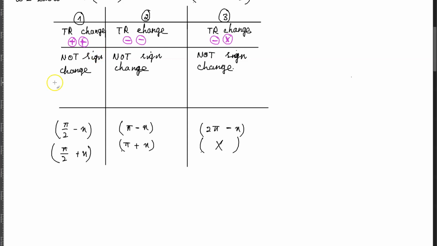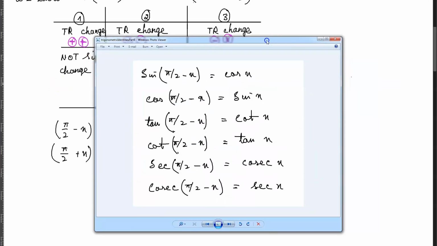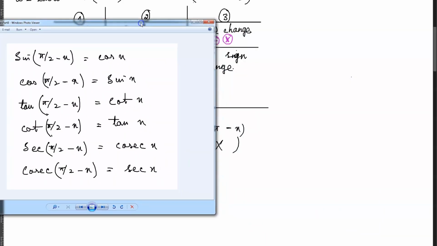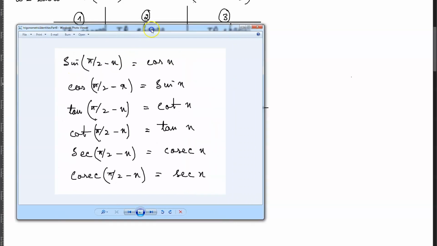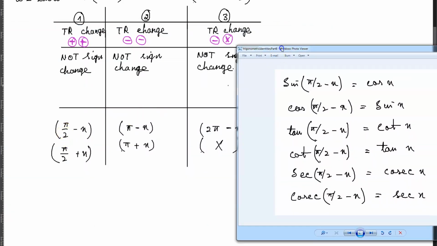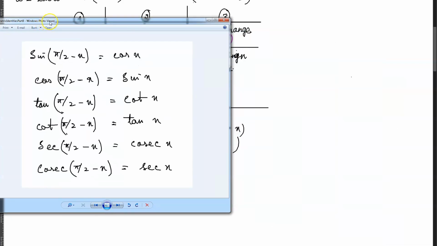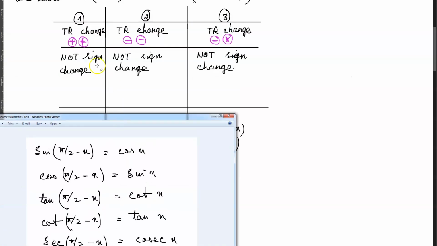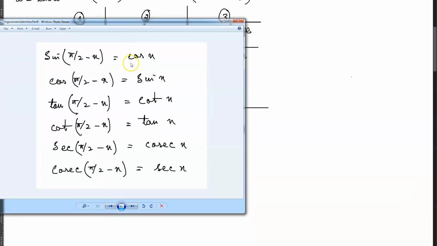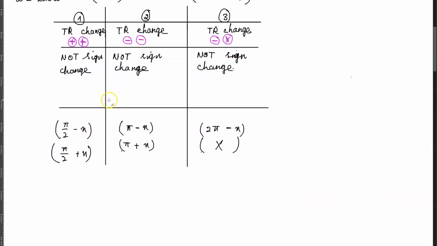Now the sign change. You can see that in the case of pi by 2 minus x, which is this first case over here, the sign does not, actually that is not sign change, okay? So not sign change happens in the case of all of these formulas. I call it A for all.